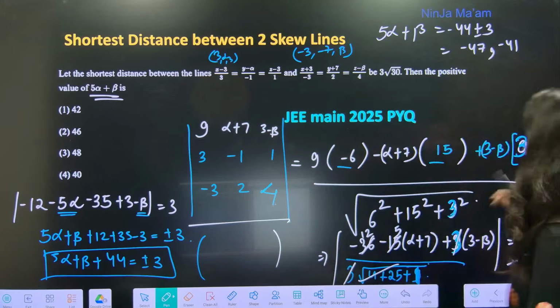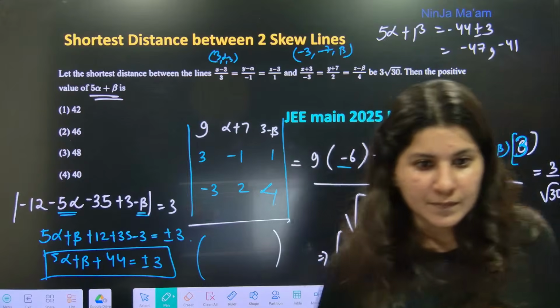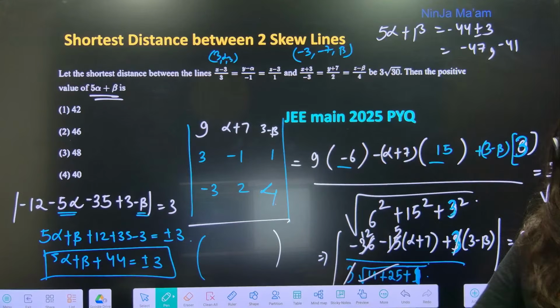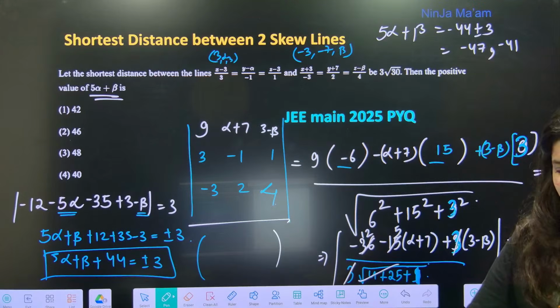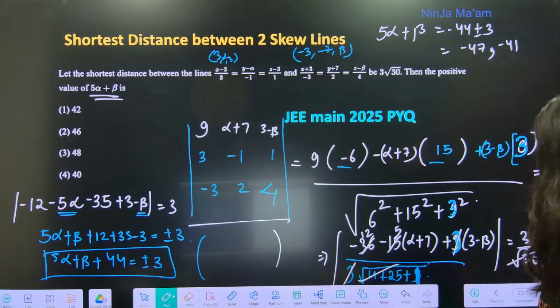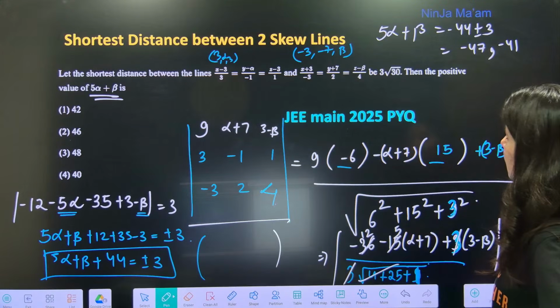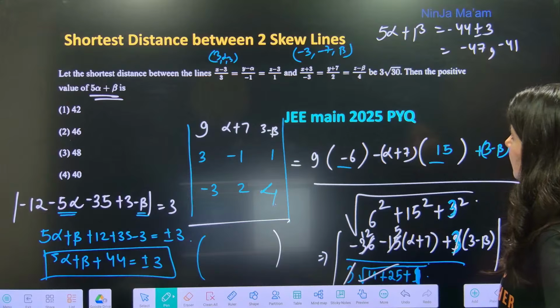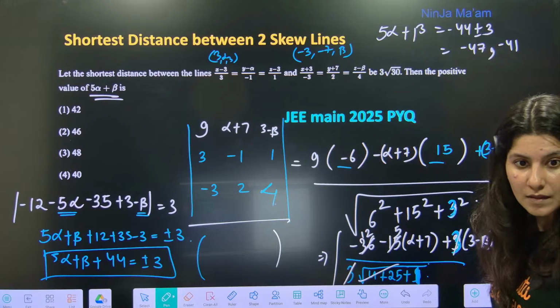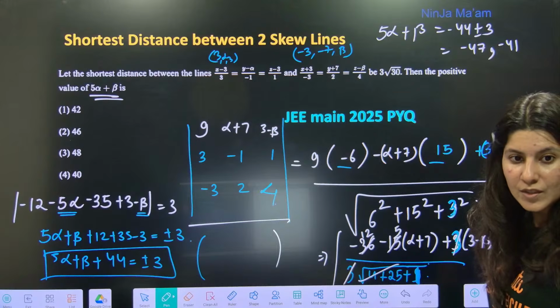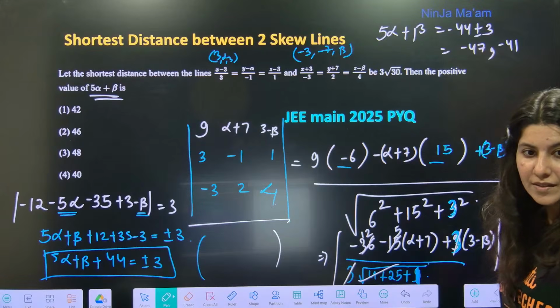Am I doing anything? Just one mistake I am doing. 12. Okay. I think this 35 is having some mistake or what? So this is 7, 5 alpha plus 7, right? 12 plus 5 alpha.